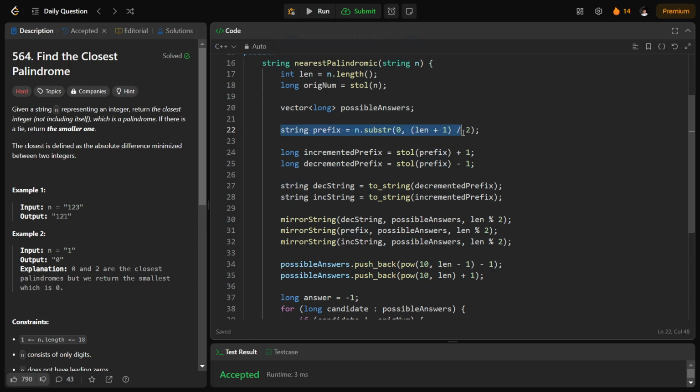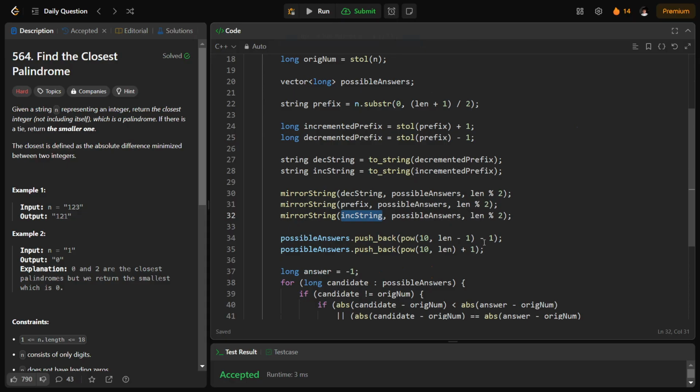If you understand this, the final answer is just a search method. So let me go through this briefly. I find the prefix, decrement and increment it, and convert them to strings. After that, I mirror the decremented string, the prefix, and the incremented string, and take that into my answer. I also look at the two edge cases in which we actually change the length of the string itself.